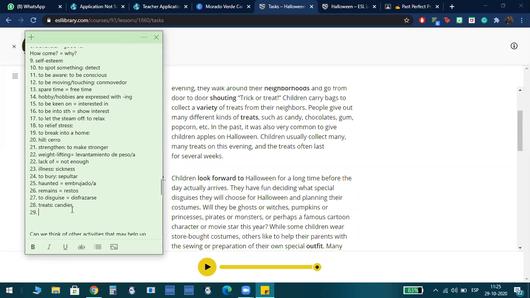What is that word? To look forward to. Children look forward to Halloween. Like, okay, I'm a kid and I'm thinking of Halloween all the time. Like, it's November, Mom, Dad, it's Halloween at the end of the month. Please buy me a costume.